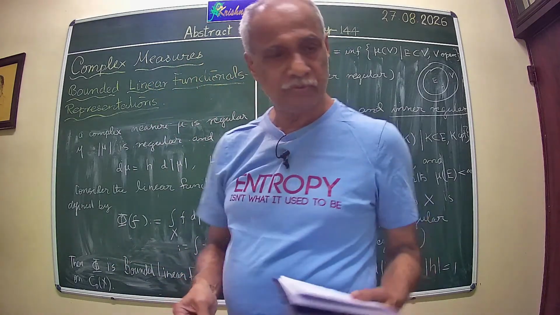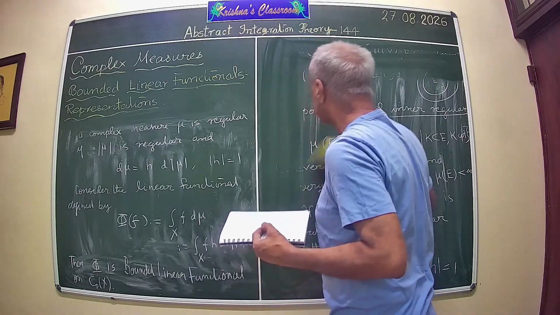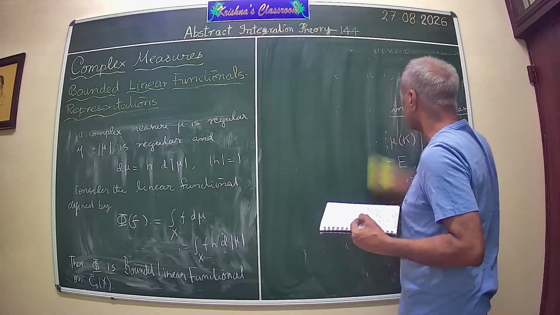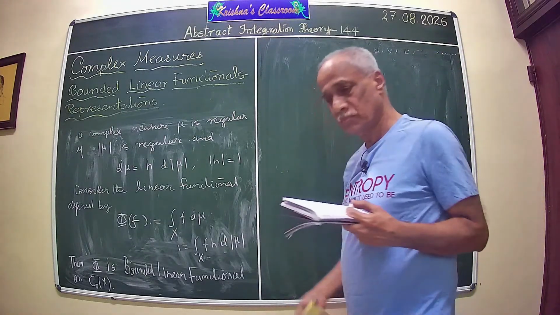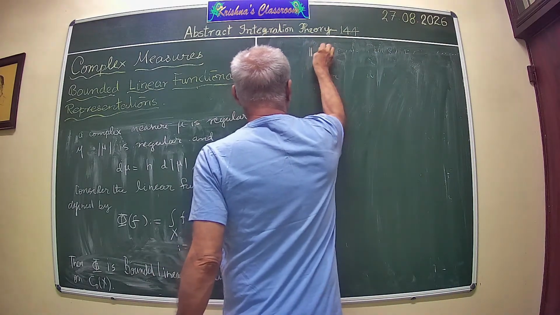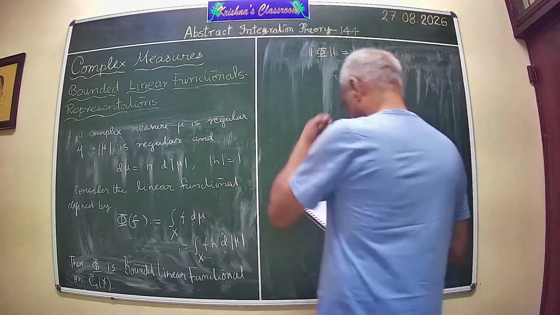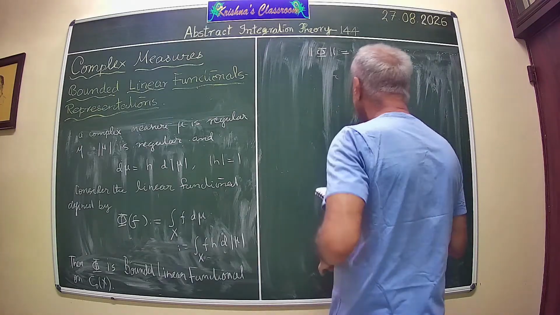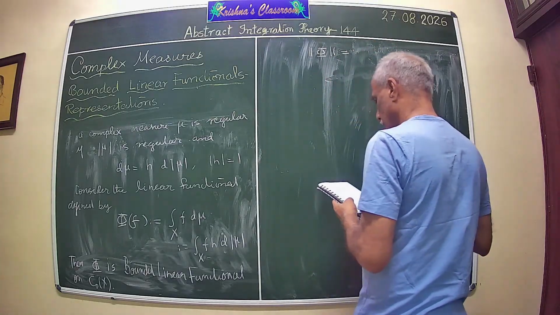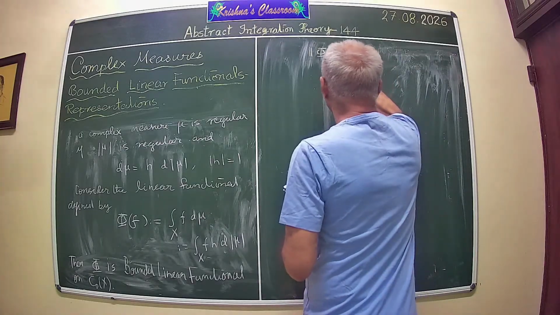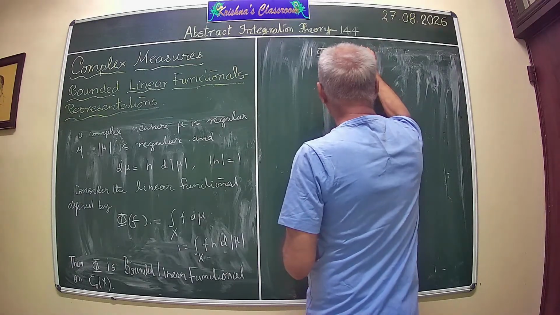And the norm of phi is bounded by the total variation of mu.